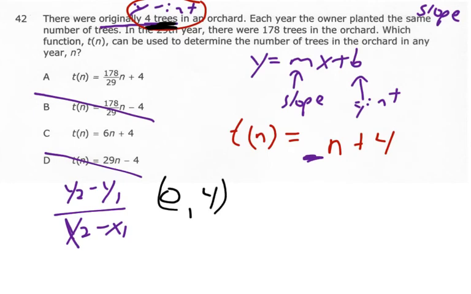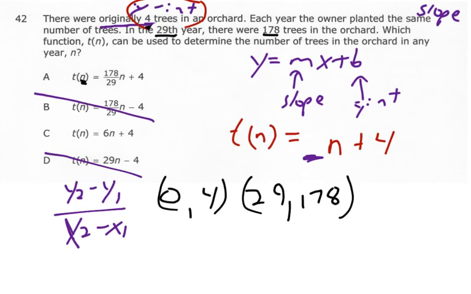And then I'm actually given another ordered pair here, because it says in the 29th year, and remember n stands for the number of years, so that's in other words our x. So 29, comma 178 trees, that's our y.